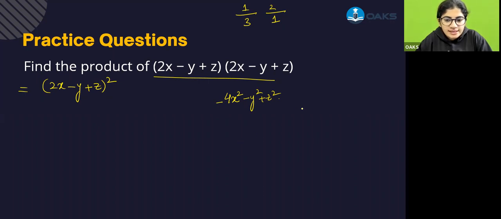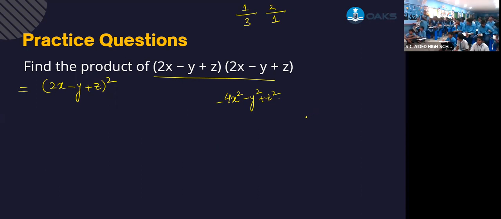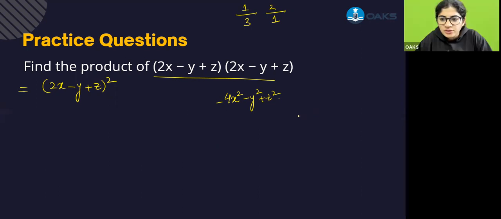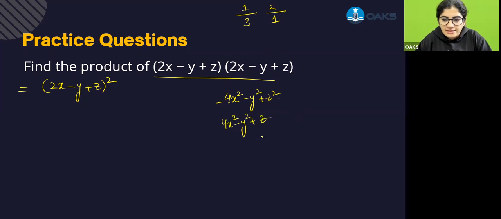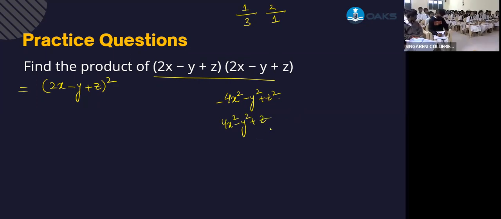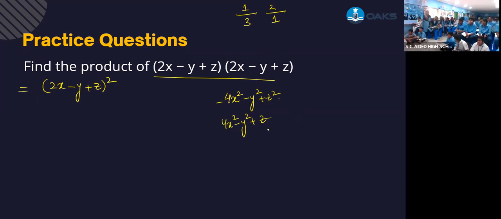Okay, okay. You can sit down. Okay. From school 2? Can you speak again? 4x square minus y square plus z square. Okay, you are saying this is your answer. Okay.